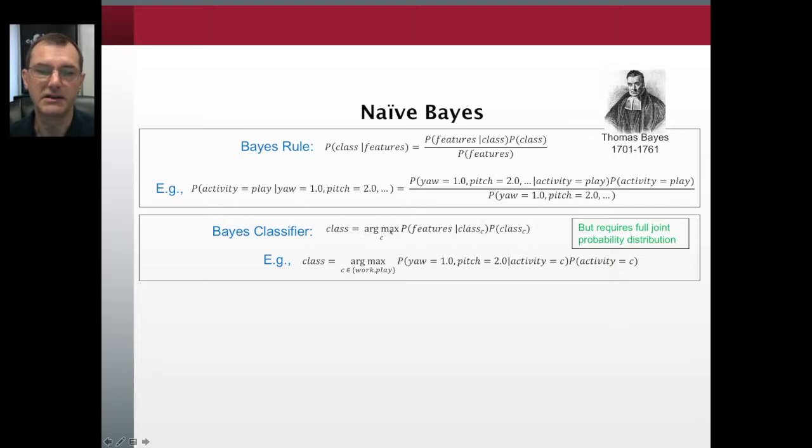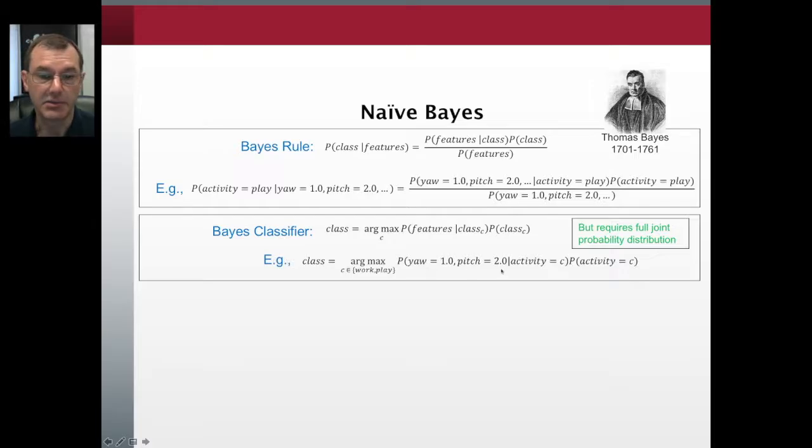Since we just need to know which is the largest, we don't have to actually compute that denominator probability. If we actually wanted to know what the exact probability is, we would need that denominator. But for just doing a prediction of a class, we just need to know which of the numerators is the largest.